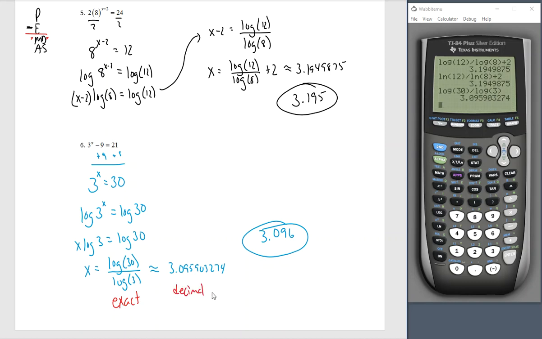The decimal approximation is actually that one. Right, decimal approximation. So the exact answer, that's a fantastic answer. That's what you put into your calculator. The decimal approximation is what comes out of your calculator. So watch for those. Make sure you read the instructions on the assignment, my students. Are you rounding or are you giving an exact answer?